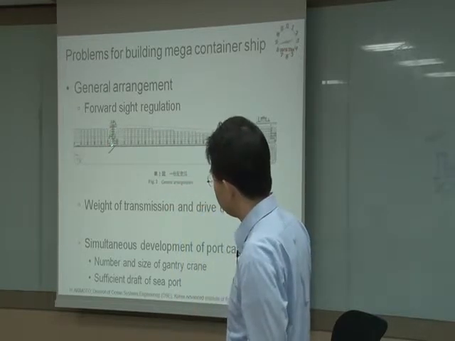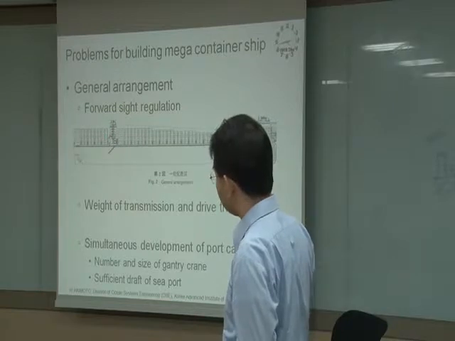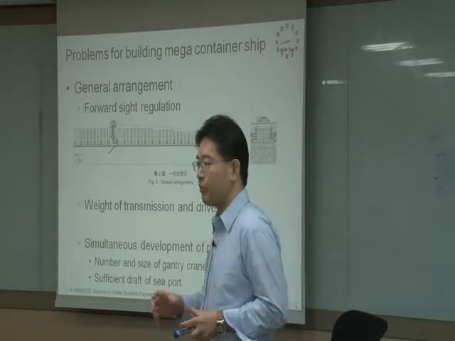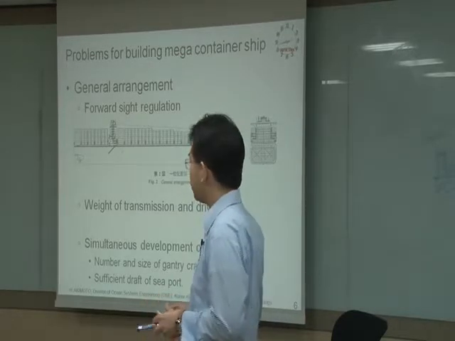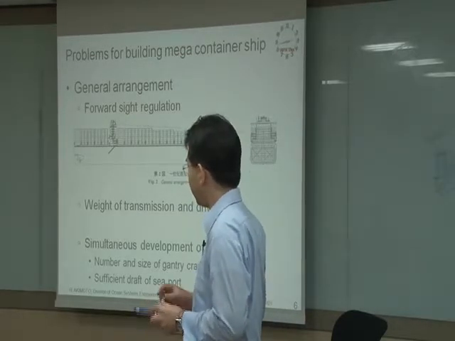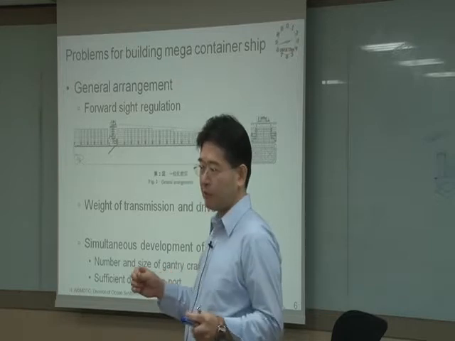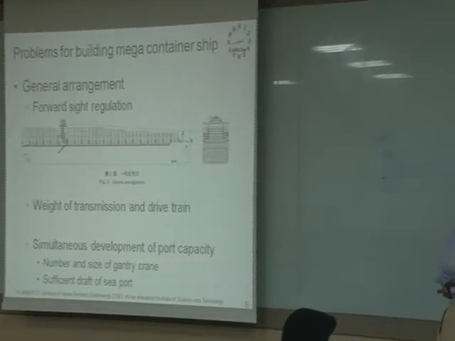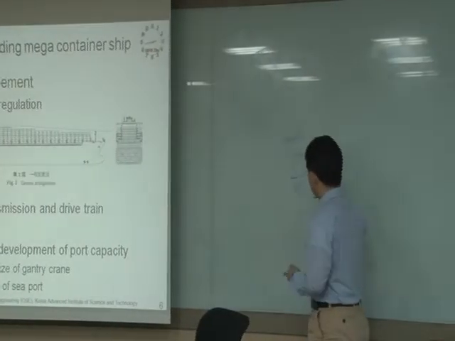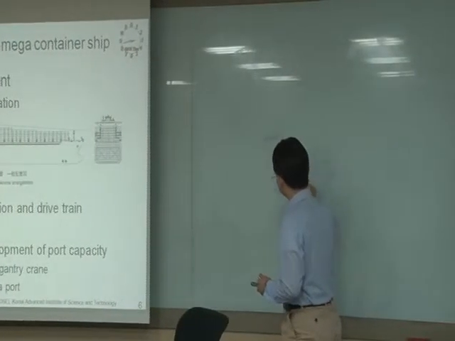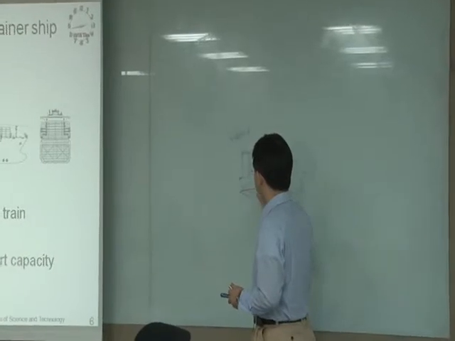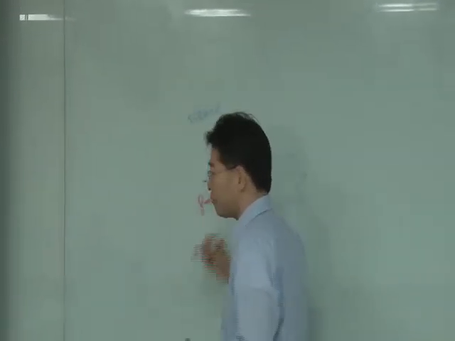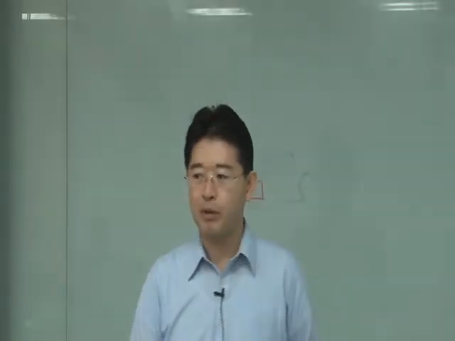But if we move this island to forward, it will require longer transmission lengths. Usually it will be done by long propeller shaft. If we move engine forward, we have to install longer propeller shaft. Propeller shaft is very heavy material.